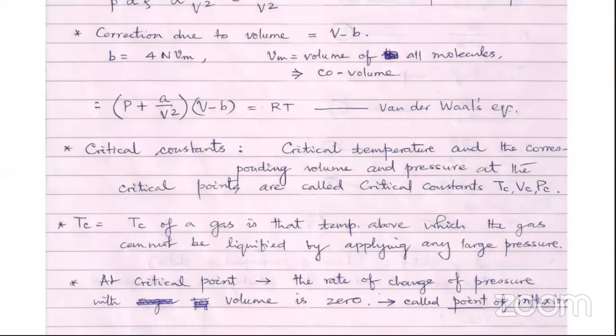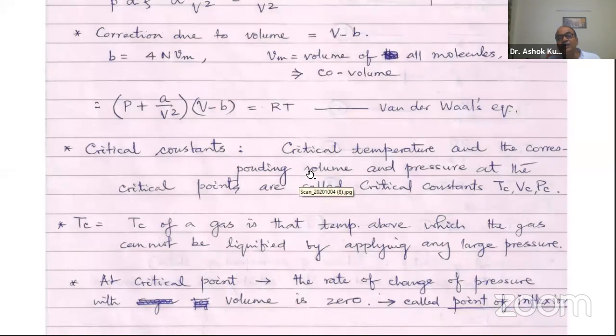Now, the gas volume decreases with increase in pressure. After a certain time, the volume is so decreased that it liquefies, or gets converted into liquid. But this conversion of gaseous state to liquid state takes place only at a certain operational temperature.